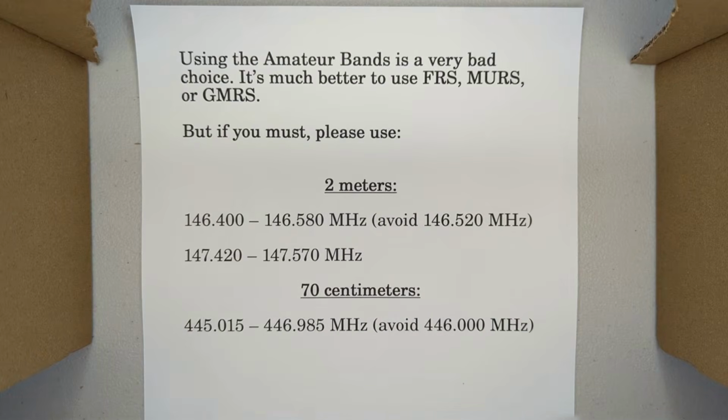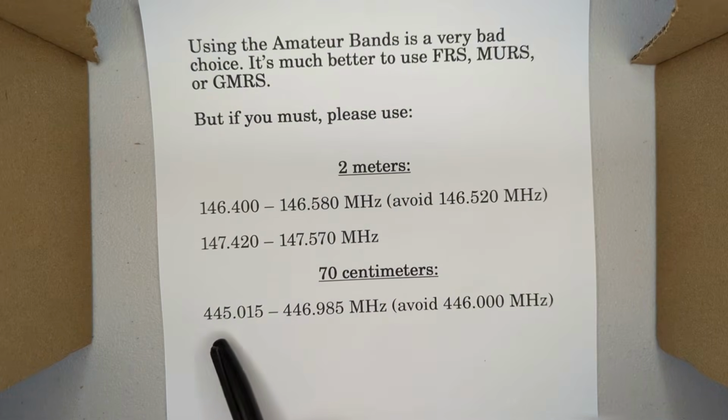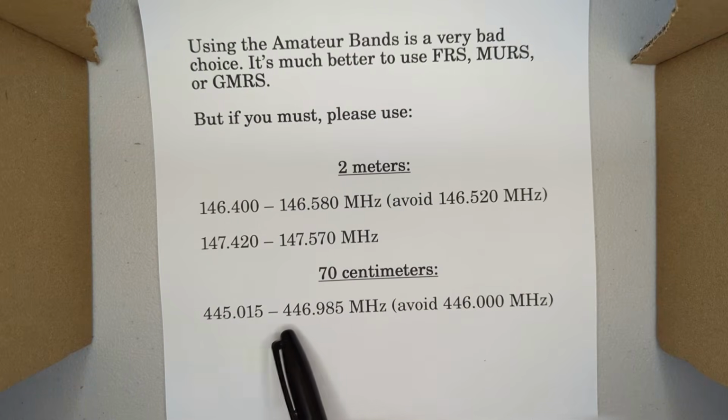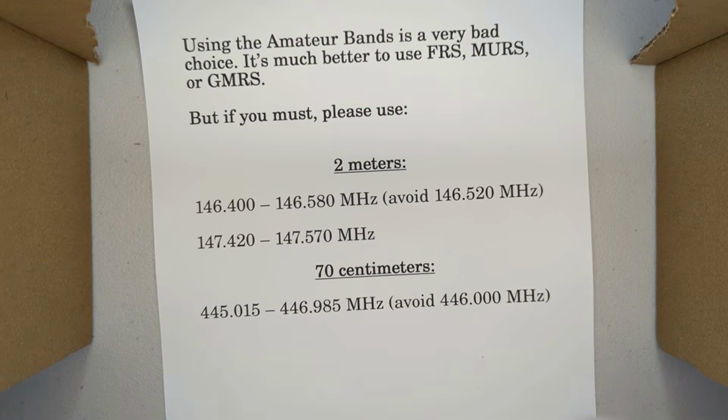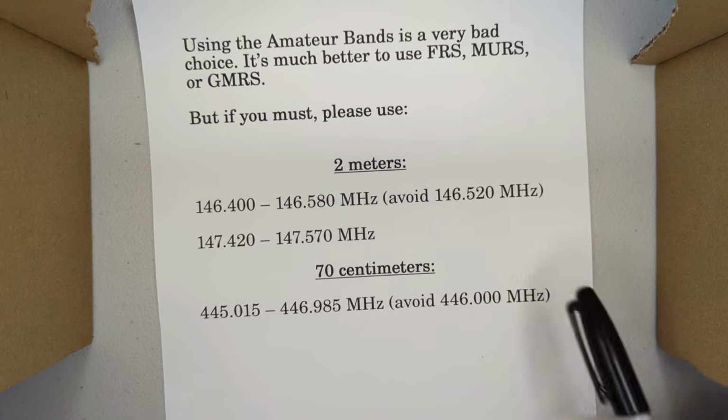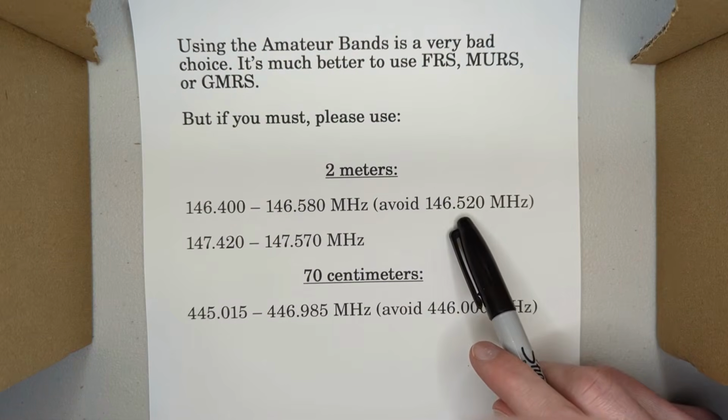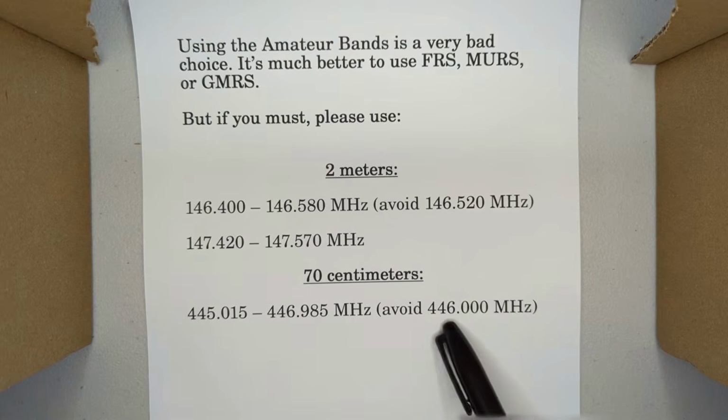Again, that's FM simplex. On 70 centimeters, I recommend 445.015 megahertz to 446.985 megahertz. 70 centimeters varies a bit more by region, but these are generally safe places to have FM simplex conversations without interfering with anything. I recommend avoiding, though, 146.520 megahertz and 446.000 megahertz.